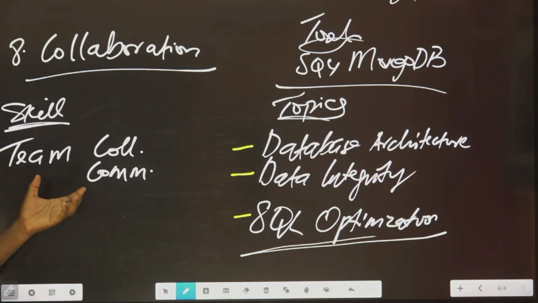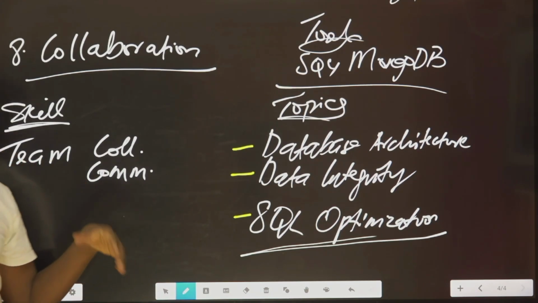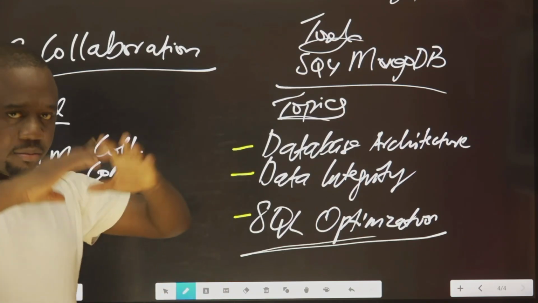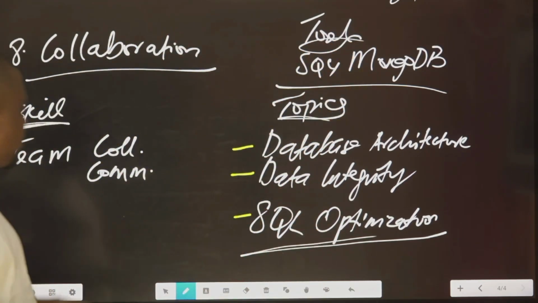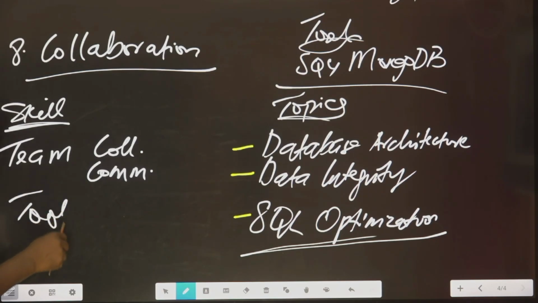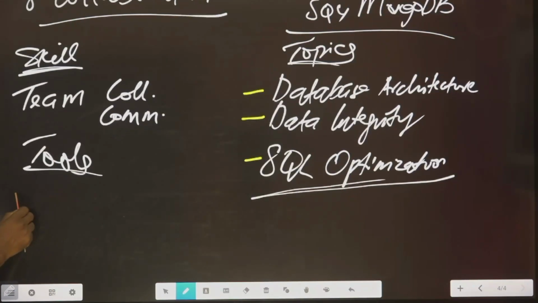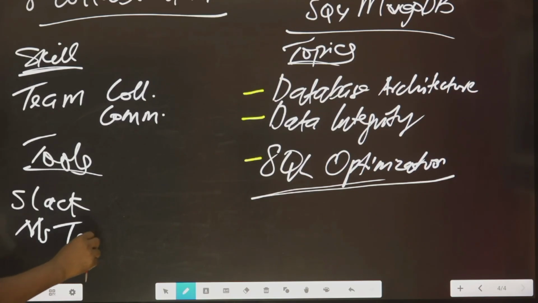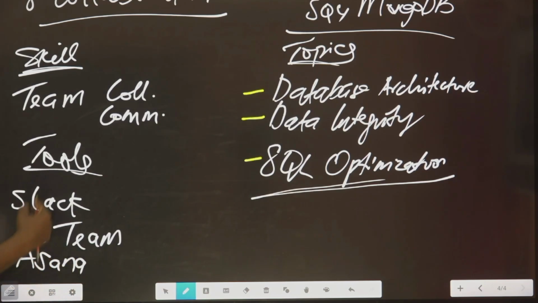So you must learn to work with others and communicate effectively to achieve the group or the organizational goal. What tools do you need? The tools you need here are Slack. Slack can help you. Even Microsoft Teams can help you. Asana can also help you for your collaboration.